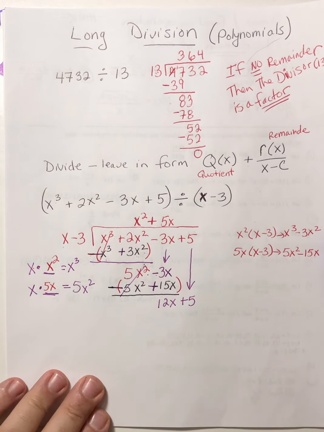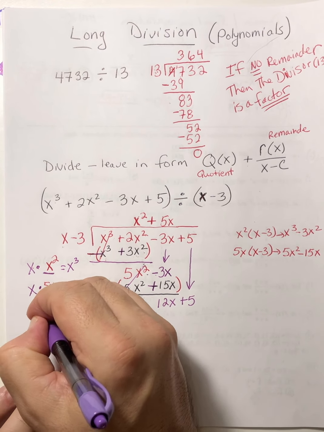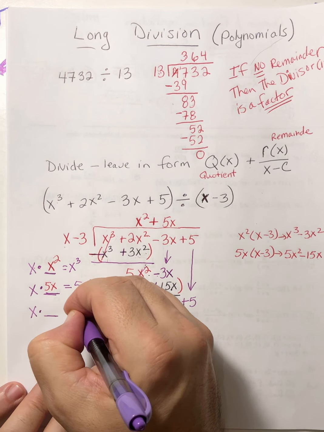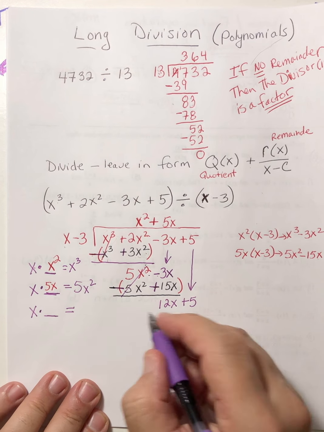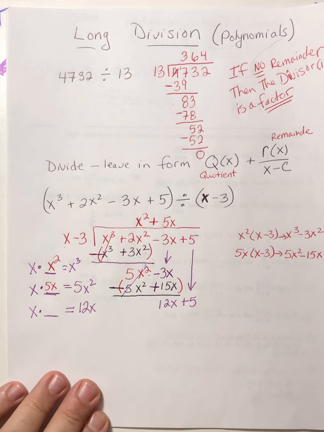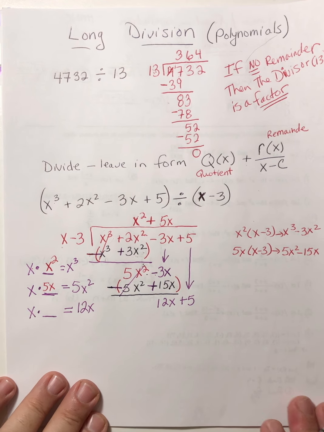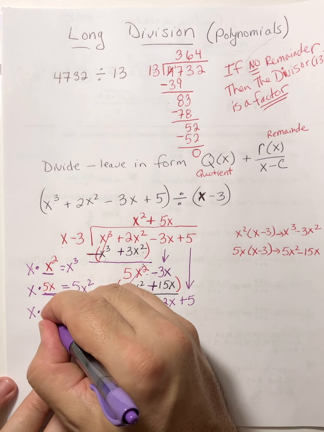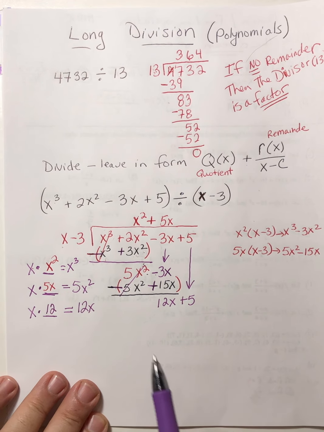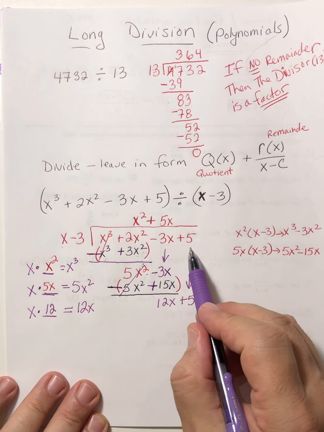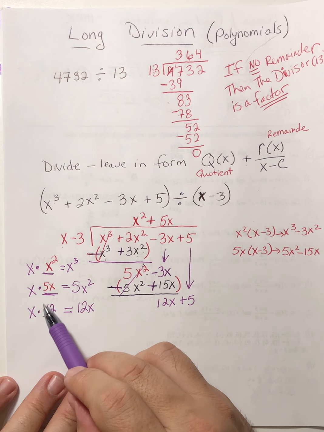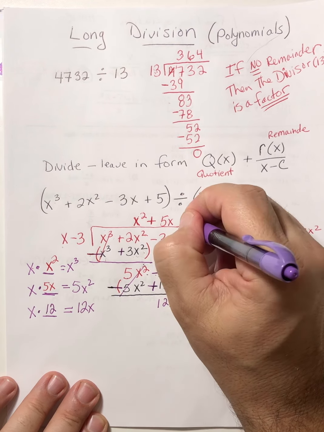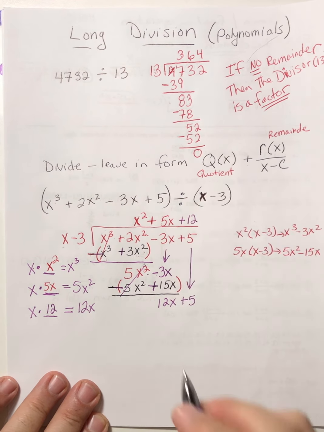This x times what mysterious value is equal to 12x? That's right, 12. Okay, so now we put the 12 over the 5. And again, what do you know about 12? It's positive, so then I can just put plus 12.